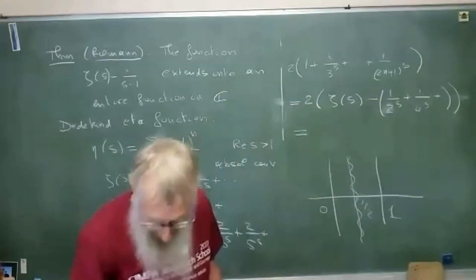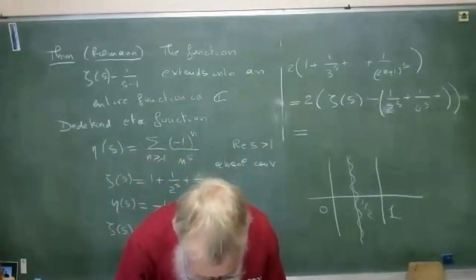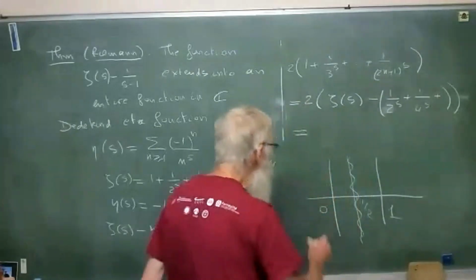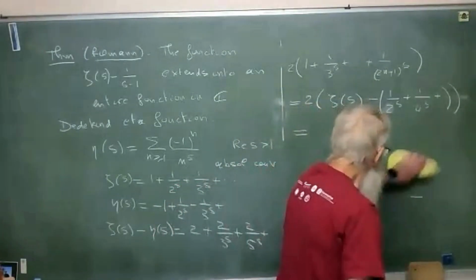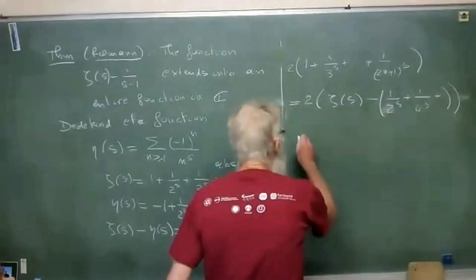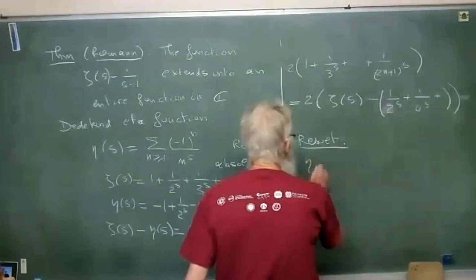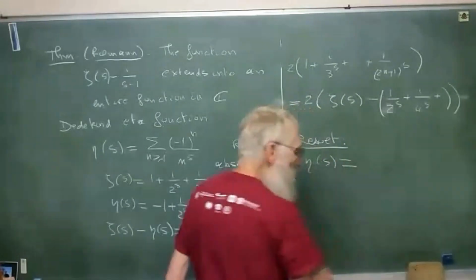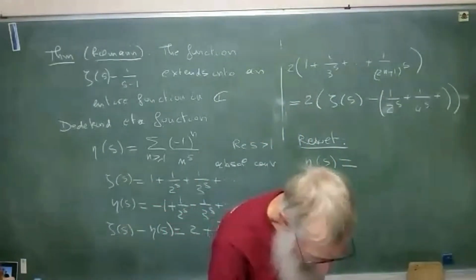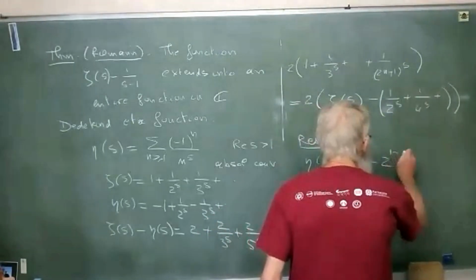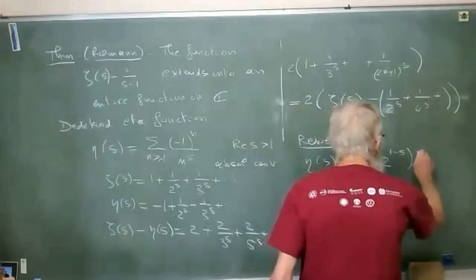When you complete that, what you find, since I like to go a little bit further, is the final result: eta of s is equal to (1 minus 2^(1-s)) times zeta of s.